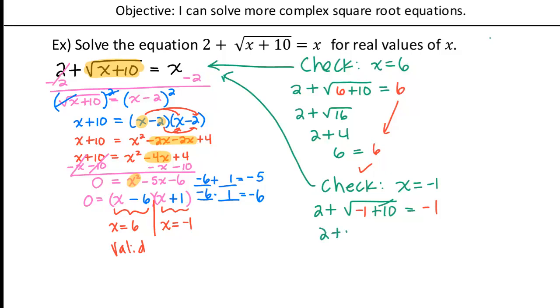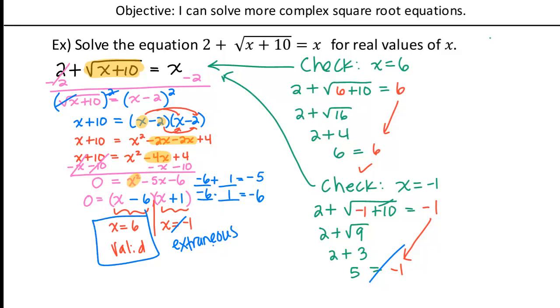So 2 plus the square root of, what's 10 minus 1? 9. And the square root of 9 is 3. And what's 2 plus 3? 5. Does that equal -1? No. This -1 ends up being extraneous. So my only solution is x equals 6, not the -1, because -1 is extraneous.